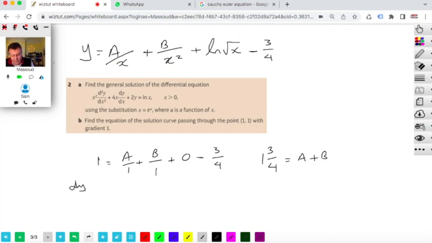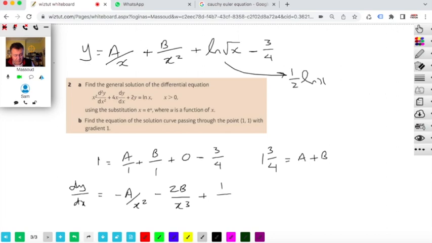So dy dx would be equal to minus a over x squared, and then minus 2b over x cubed, and if that's half of log natural of x, it would be 1 over 2x, and so therefore gradient is also 1.